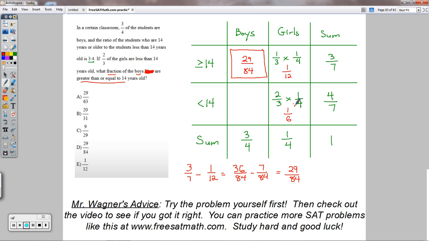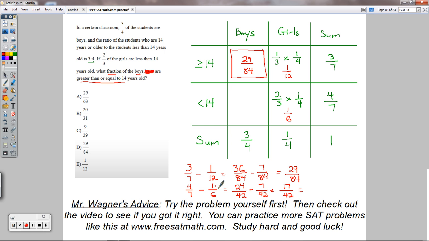So let's figure out what 4/7, this value right here, minus this value, minus 1/6 is. Getting a common denominator there, I could multiply by 6 over 6, yielding 24 over 42. I could multiply here by 7 over 7, giving me 7 over 42. And that would be 17 over 42.